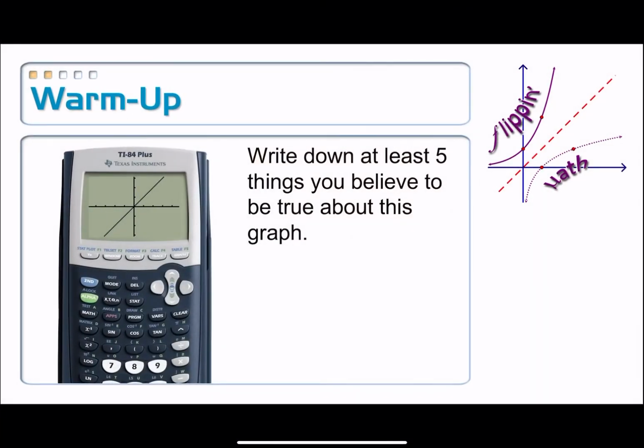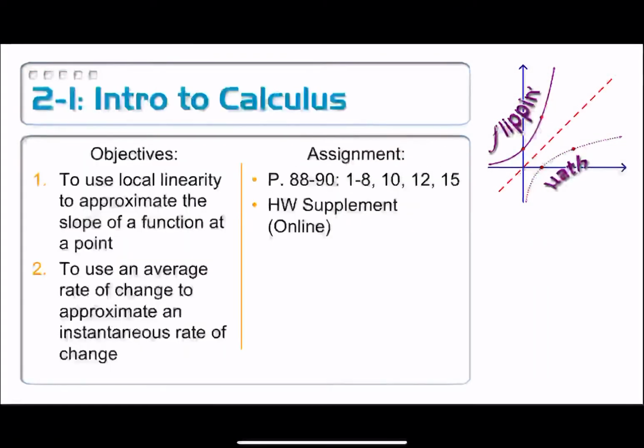Coming back to the slideshow here. Our first objective: to be able to use local linearity to approximate the slope of a function at a point. That's exactly what we were just doing. Local linearity: the word local is usually associated with a local minimum or maximum, and linearity is usually associated with a line.